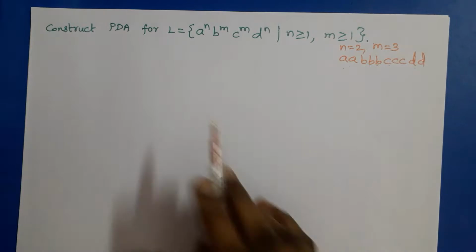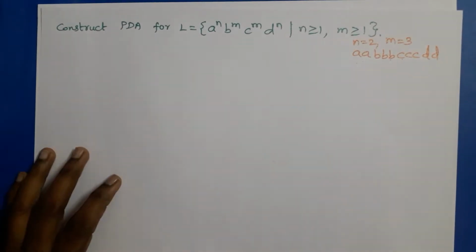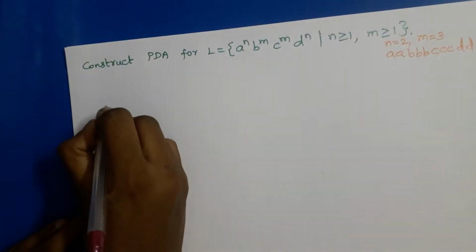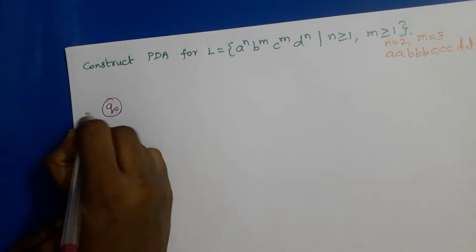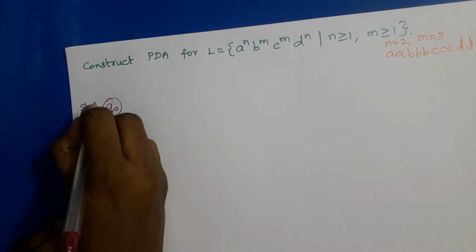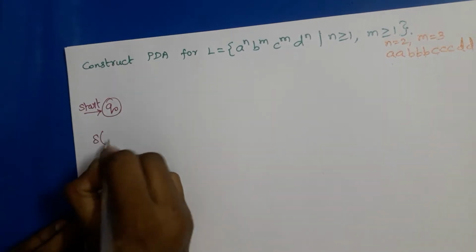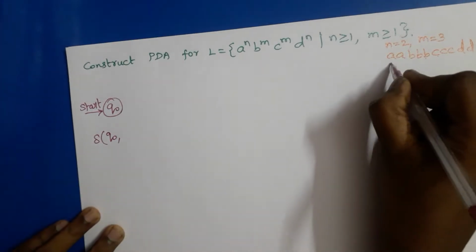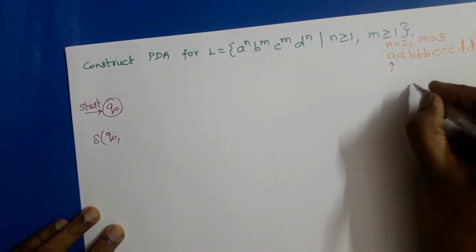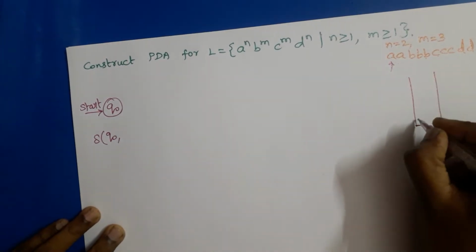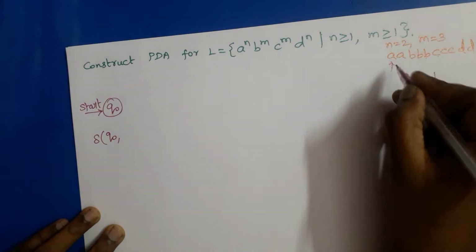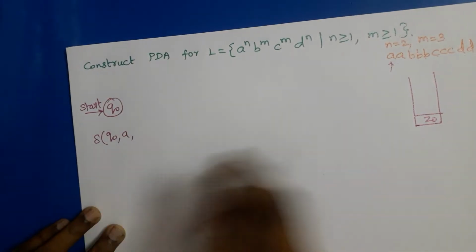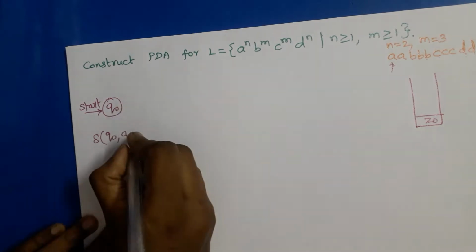So we have to construct the PDA for this. Q0 is the start state. So delta of Q0 comma, the first input symbol is a, and the top of the stack is Z0.